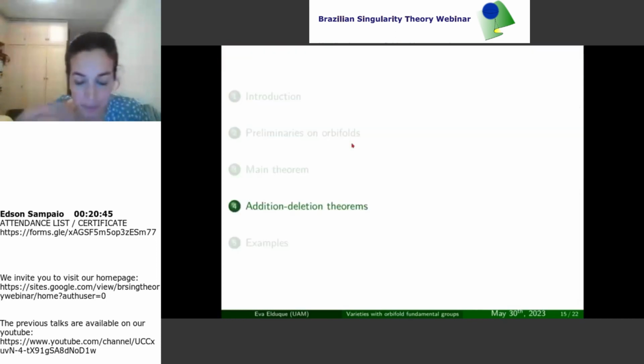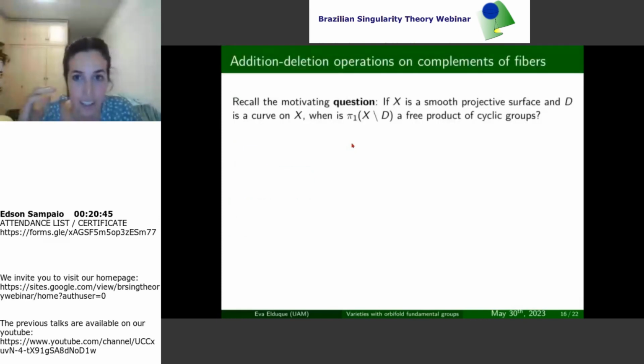And now let me talk about addition, deletion type results. Let me explain what I mean. Recall the motivating question. We wanted to understand when a curve complement in a smooth projective surface had a fundamental group which was a free product of cyclic groups.